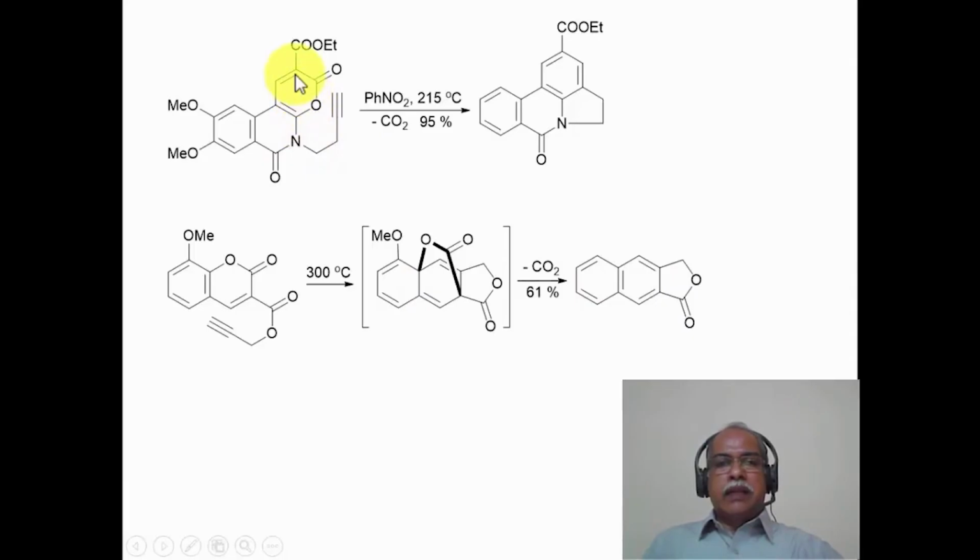Similarly, the Diels Alder reaction between this alpha pyrone diene and this dienophile, which is the built-in acetylene dienophile, in refluxing nitrobenzene as a solvent, a high boiling solvent, which refluxes at 250 degrees or so. Initially, the Diels Alder adduct structure is not shown here, but one can imagine a similar structure of the Diels Alder product in this particular case also.